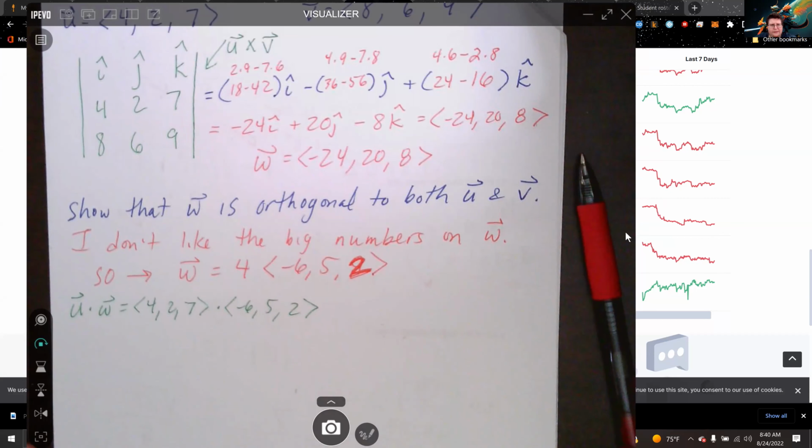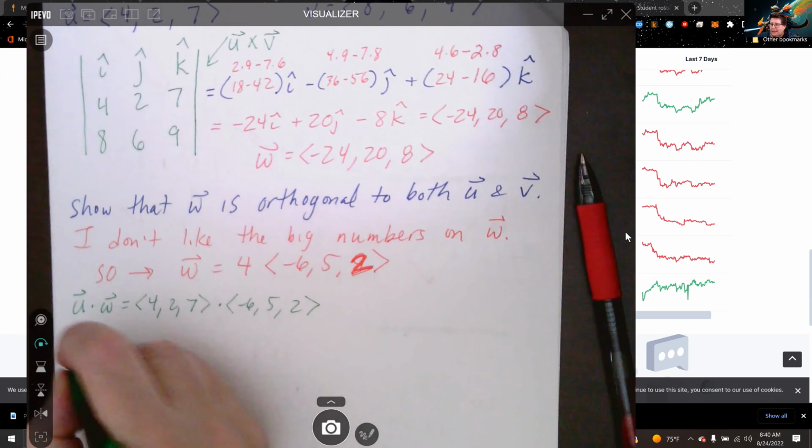The dot product: if the dot product is 0, they're orthogonal. So I could take U or V and multiply either by W, and if I get 0 once I do the dot product, then I know it's orthogonal. I don't want to use the word multiply. I want to say dot product, because both dot product and cross product are a form of multiplication. But yes, you are multiplying them.